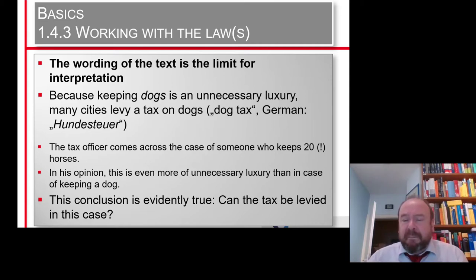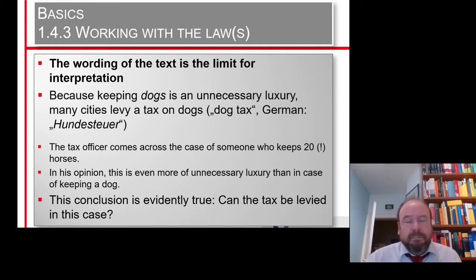Now, imagine a tax officer meets somebody who has not one single dog, but 20 horses. The justification for the dog tax is, among others, that who can afford a dog is well off, and it's an unnecessary luxury.